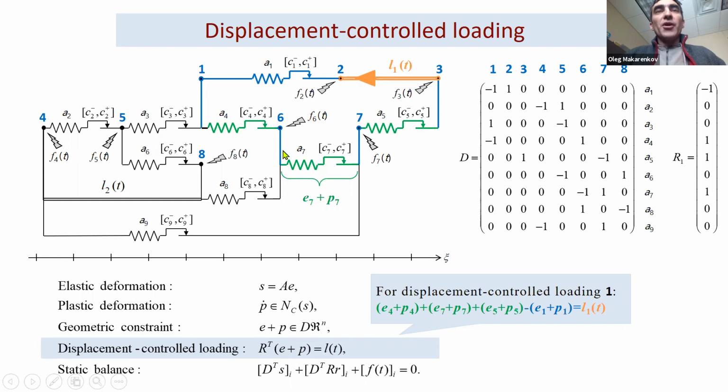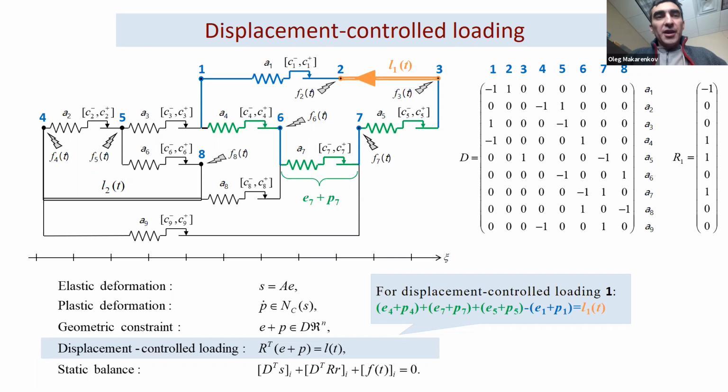Therefore, springs 4, 7, and 5 receive ones, 1, 1, 1 in the incidence vector. And the same for the other displacement-controlled loading, and this matrix R is a combination of all incidence vectors.